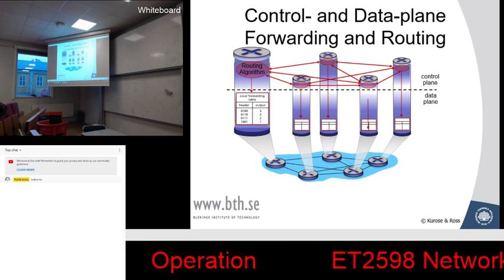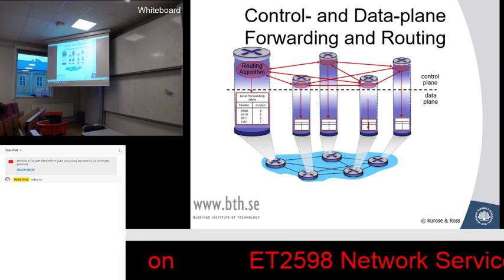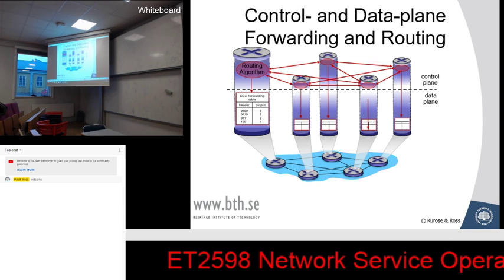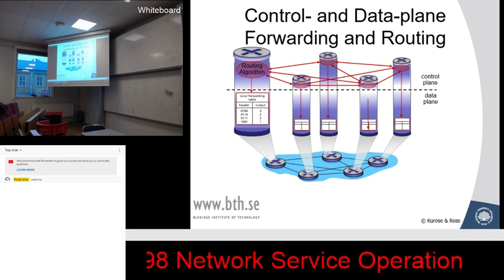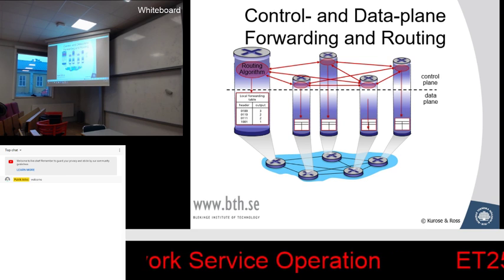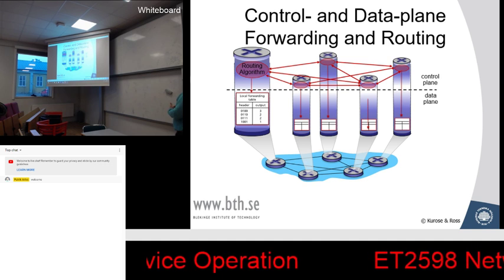If you have networks or environments where you have changes, static networking sucks. To help with that, we have routing protocols. Now, we can separate this into a control plane and a data plane.